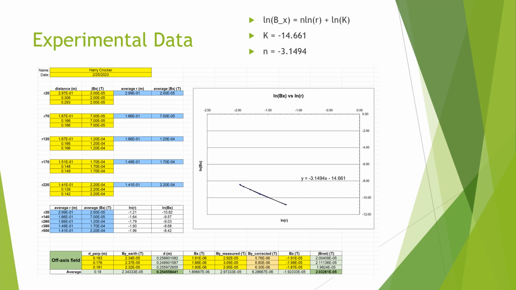And then we can represent this by using the distance dependence formula, one of the equations, to form ln Bx equals n ln r plus ln k, where k is a constant, and n is negative 3.1494, which should be about 3, as that is the distance dependence r cubed of magnetic dipoles.